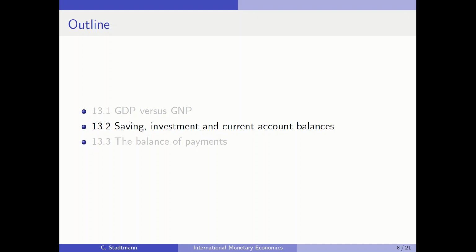In subchapter 13.2, we once more talk about the relationship between saving and investment, and now another feature is the current account balance. In a closed economy, saving of the society has to be equal to investment. But this relationship need not hold anymore, because in an open economy a country can borrow from abroad or lend to the outside world.